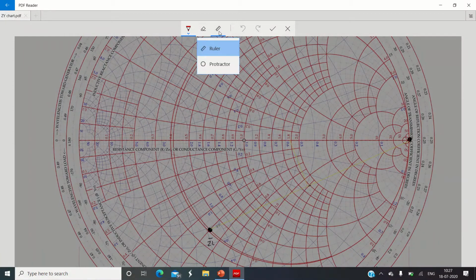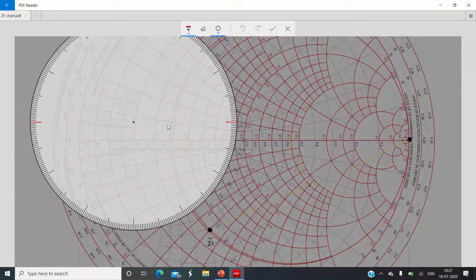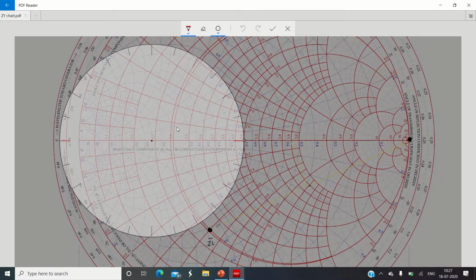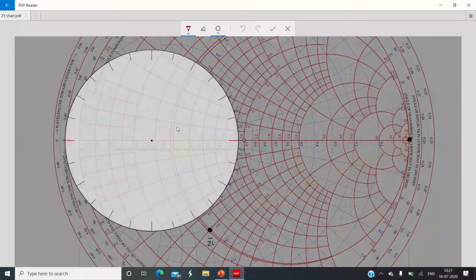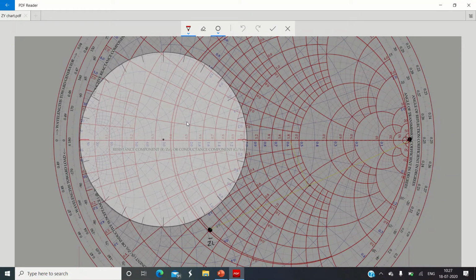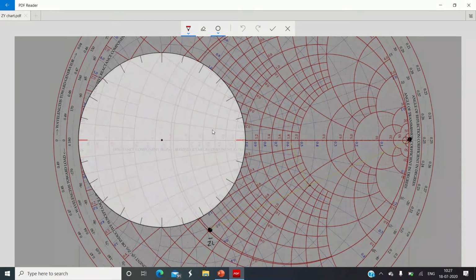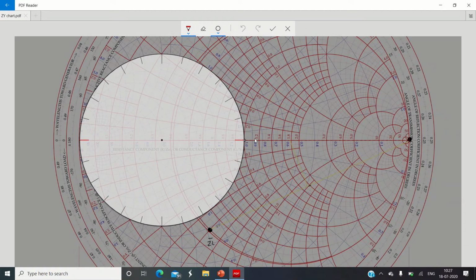So I will do the same procedure. I will choose the compass now. I will place one metallic part of the compass on the center, and on the right hand side I will place the other metallic part on the real axis such that the radius from that center point is exactly midway to the edge of my Smith chart.